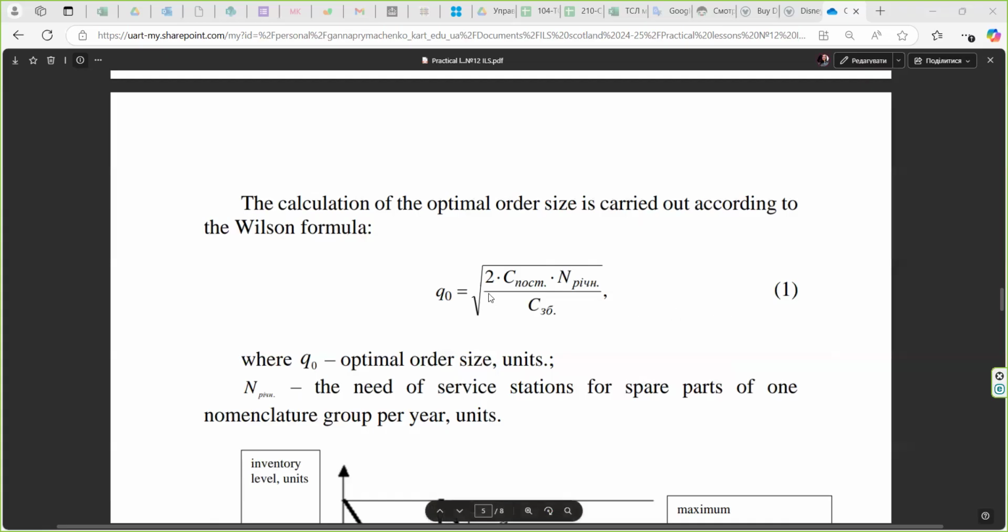In the numerator, we find such parameters as 2 multiplied by our cost, how much cost we need for each. We find this information in our table 1 or 2 for your variant. This cost, and how many we need: the need of the service station during 1 year for spare parts of one nomenclature group, in units.